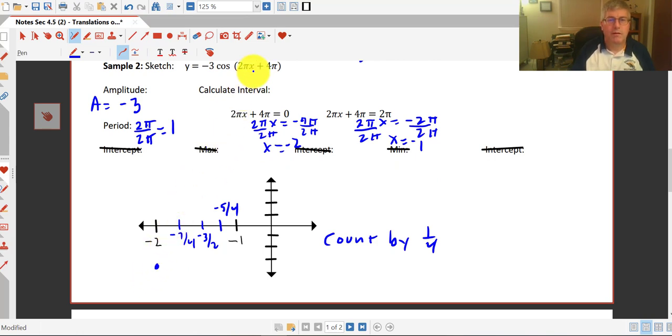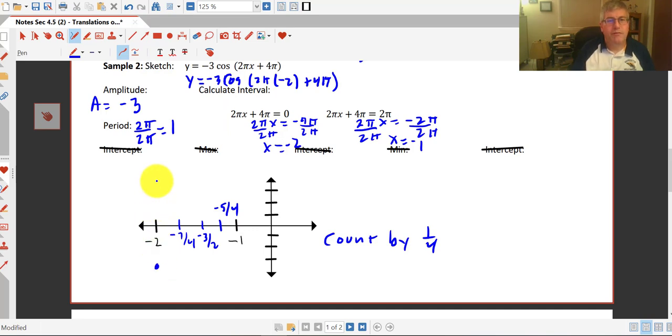So if I put x in for negative 2 here, y equals negative 3 cosine of 2 pi times negative 2 plus 4 pi. All of this is going to become 1 and then times negative 3. So I'm down here at negative 3.